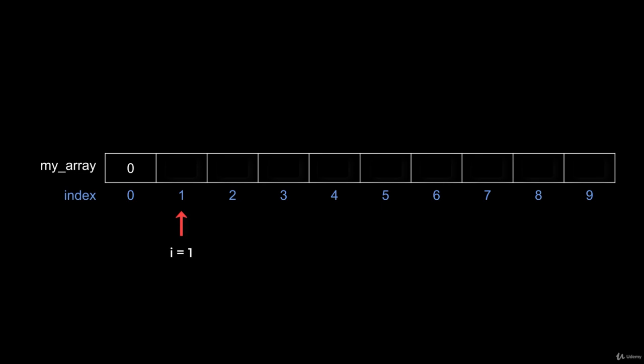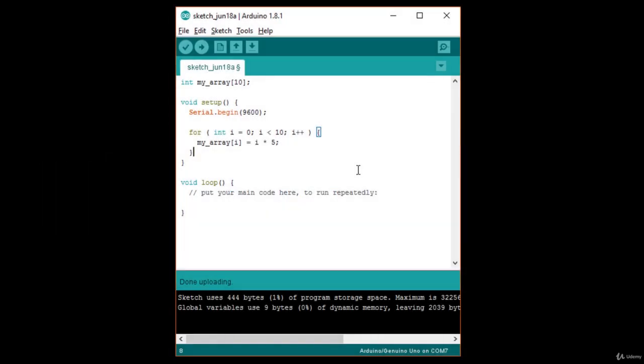In it, we store the value of 1 times 5, which is 5. We then repeat this process for the next element, which is index 2. We store 2 times 5, which is 10. We continue doing this for the rest of the elements. That's how we access arrays to assign values to the elements.